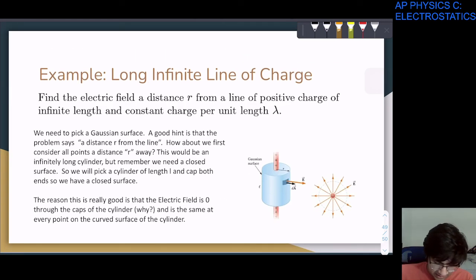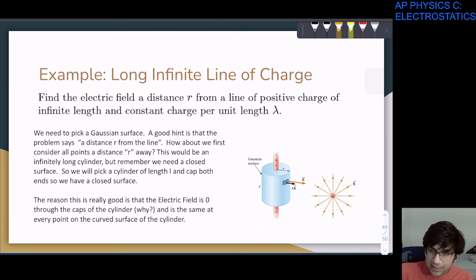And I wrote down an explanation, but at a high level, our Gaussian surface is going to be something where the electric field is the same at every point, and something where we have a dot product that we can either remove or it's equal to 0. And in this case, without getting into too much detail, we're going to choose a cylindrical surface.